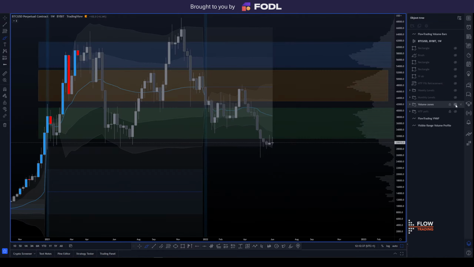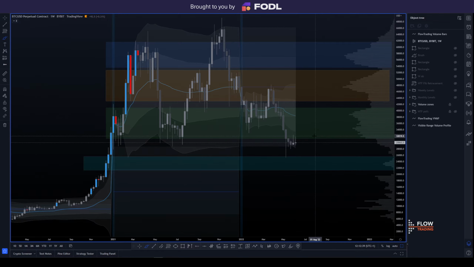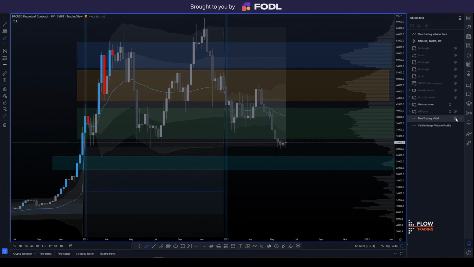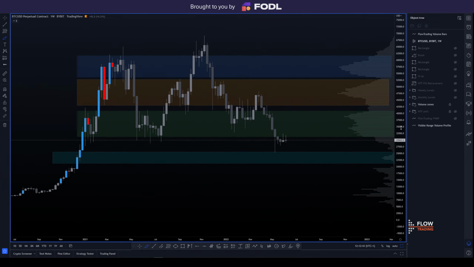However, I like to put on these volume zones, and you can see basically I'm looking at these. Let me just take the VWAP off. I'm looking at these higher volume clusters for potential areas of balance. So you can see basically somewhere between $25,000 and $22,000 or $21,000 is the next level of support. We've already tapped it once here, and we got rejected there.